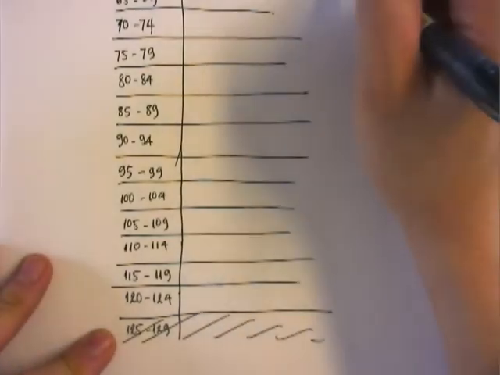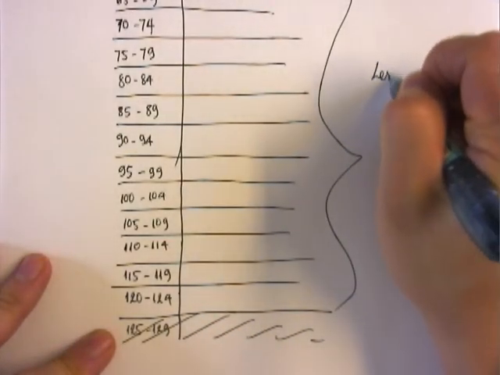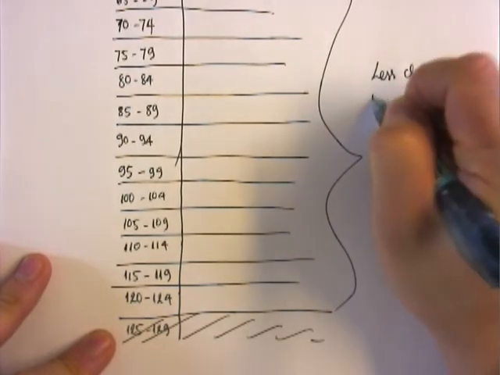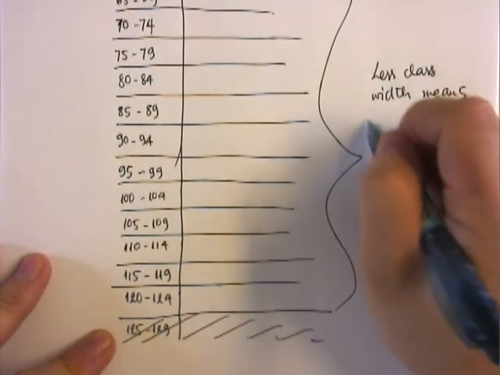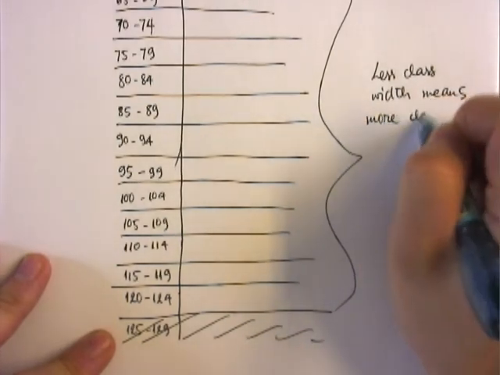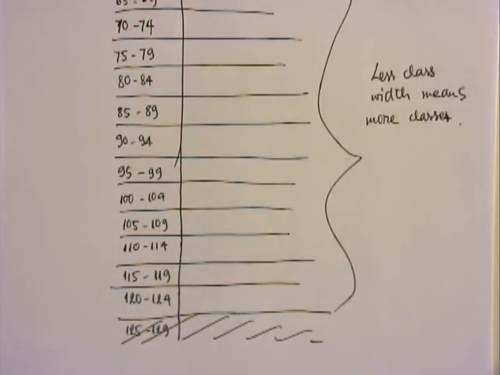But look at how many classes we have now. Generally, a smaller class width means more classes. I'm going to generalize this idea again as we get into the visual display of a class frequency distribution, the so-called histogram.